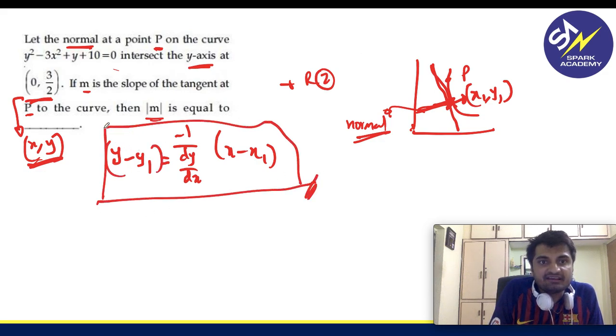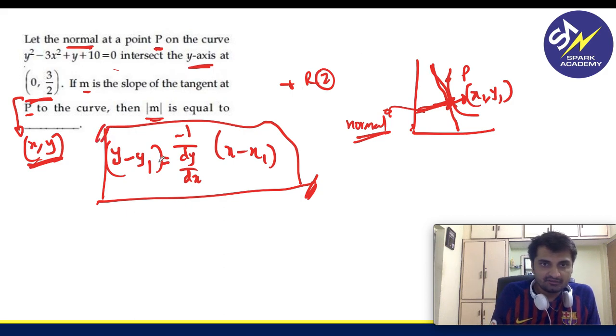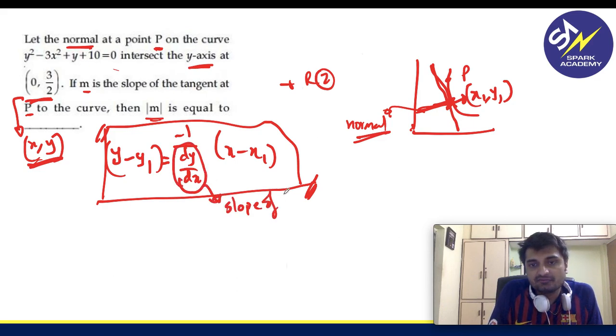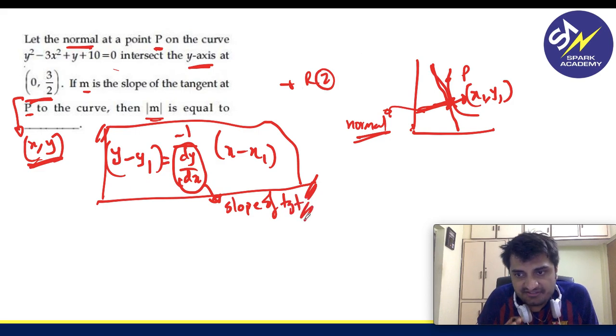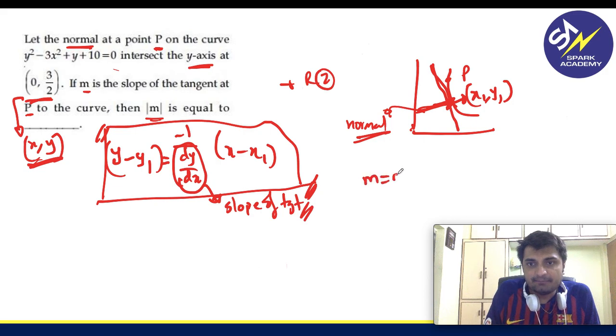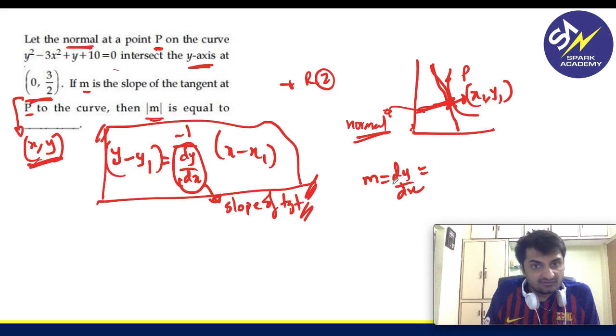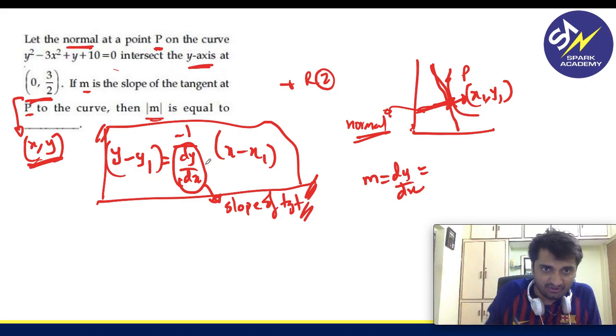So this is the slope of the tangent. What is m basically? m is nothing but dy by dx, which is the slope of the tangent. For the normal, because m1 into m2 is minus 1, you take the negative reciprocal.